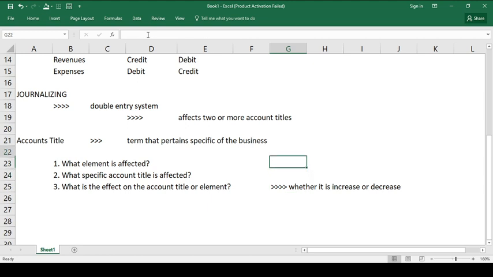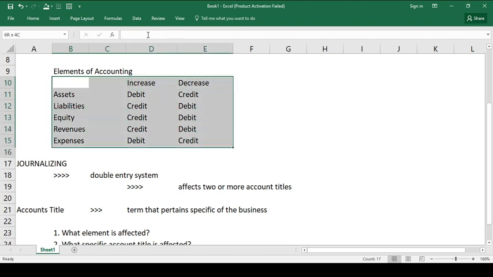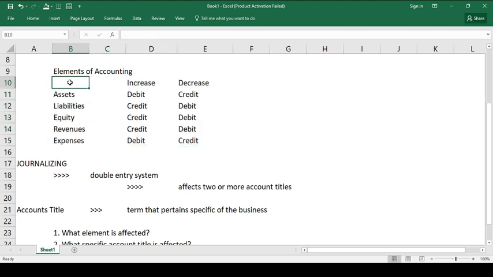you can now use the rules that I prepared. Ito, you can already use this. If the element is an asset and there is an increase on that asset, we need to debit. If the element being affected is a liability, and the effect was decrease, that is debit. Gagamitin na po natin itong rules natin.